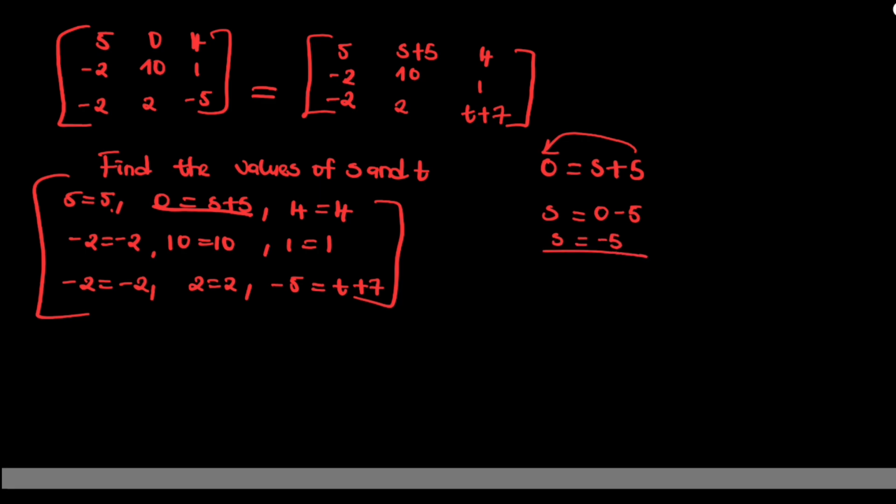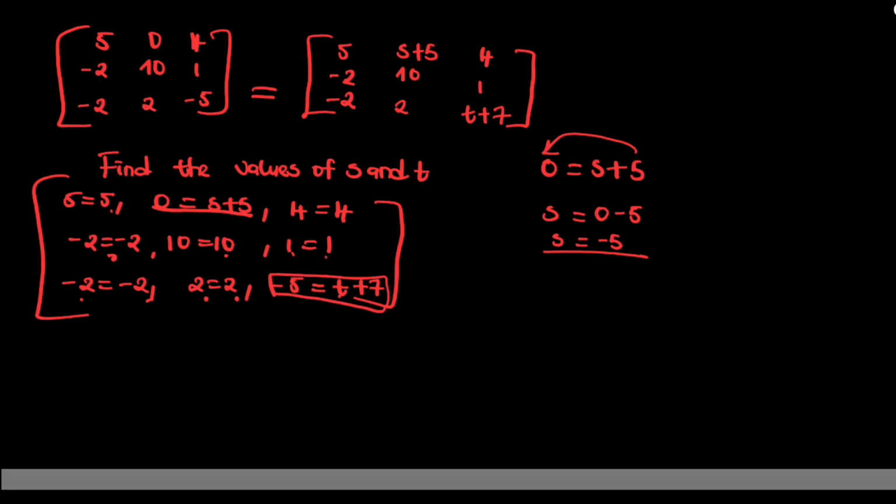Here we are just equating their entries because we have been told that the matrices are equal. So here minus 2 and minus 2, yes. 10 and 10, 1 and 1, minus 2, minus 2, 2 and 2. This is another case. We have to find t from there. We can do the same.